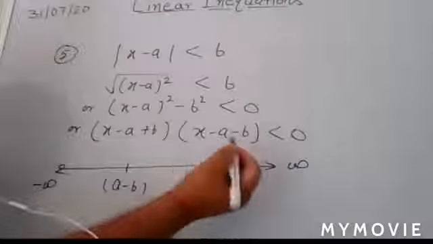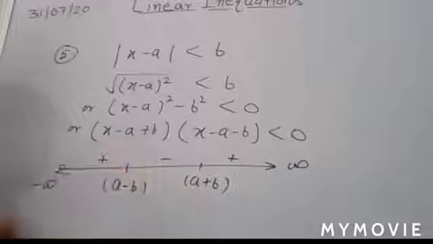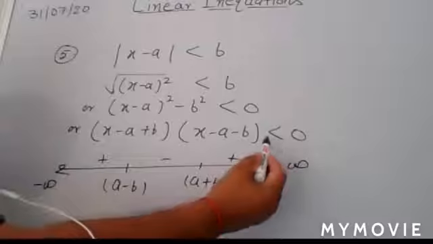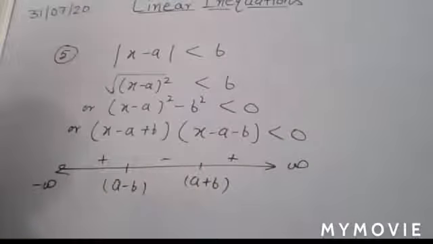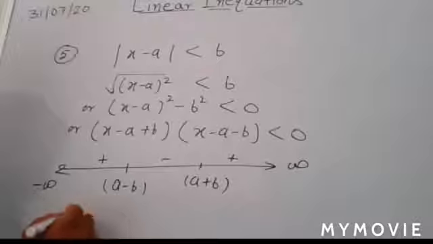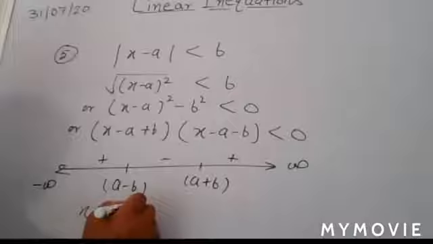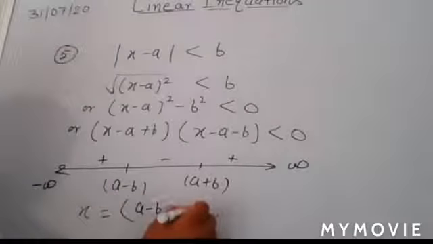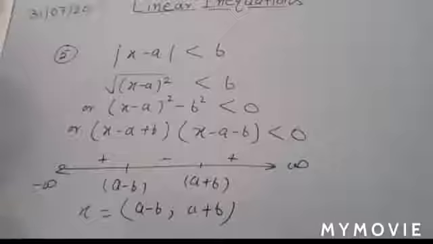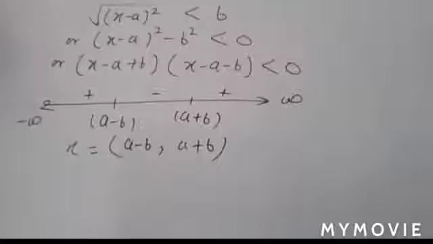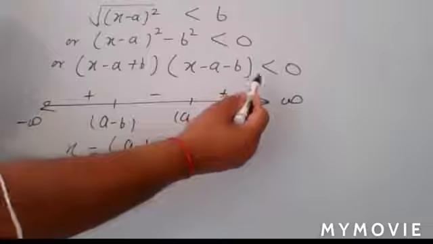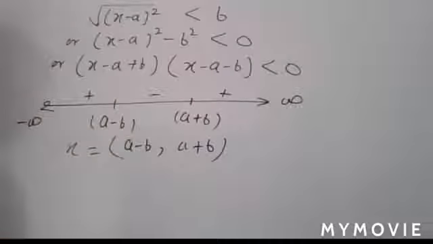So yes, you already know here you have positive, negative, and this side here you have positive. Okay, so here you see that your value is less than 0. So you apply the same concept which you did in previous questions, the previous result. So what you have, you can say the value of x is, you write in this way, a minus b to a plus b in open interval, because you are interested to find only its negative value.